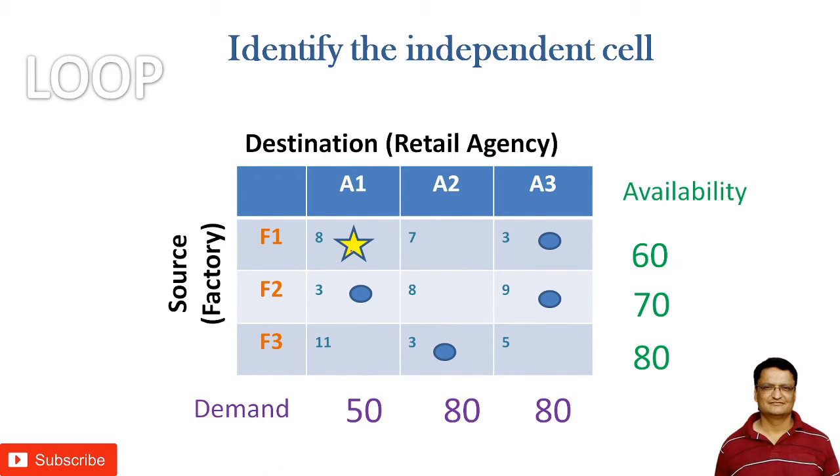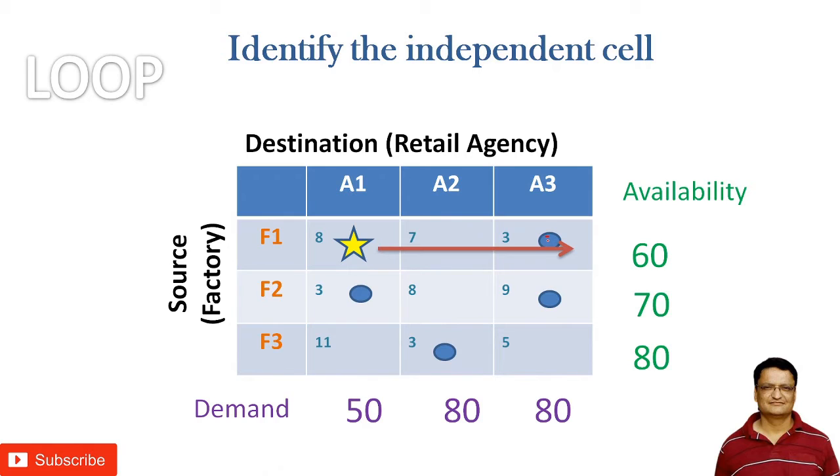So how do I make sure whether the cell which I have selected is independent or not? I will look in either the horizontal direction or the vertical direction, and I will stop at the point where I find the next allocation. So I am looking in a horizontal direction, and I am stopping at a cell where I find the next allocation. I got the next dot over here, so I stopped here.